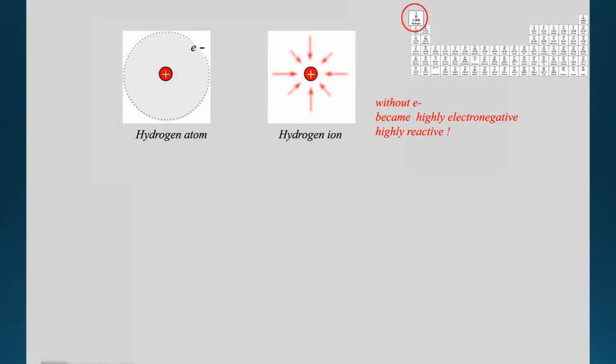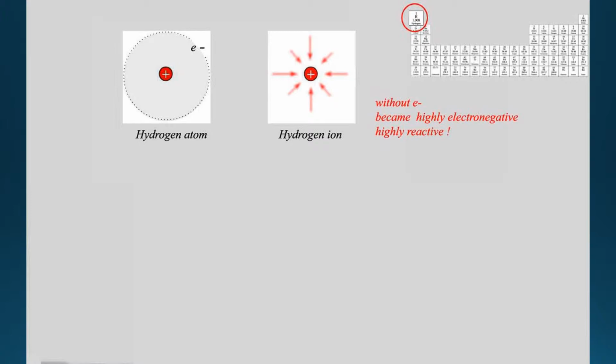When the hydrogen atom loses the final electron, the last and only electron, it becomes a hydrogen ion. And in the periodic table, this is the only ion that has no electron.